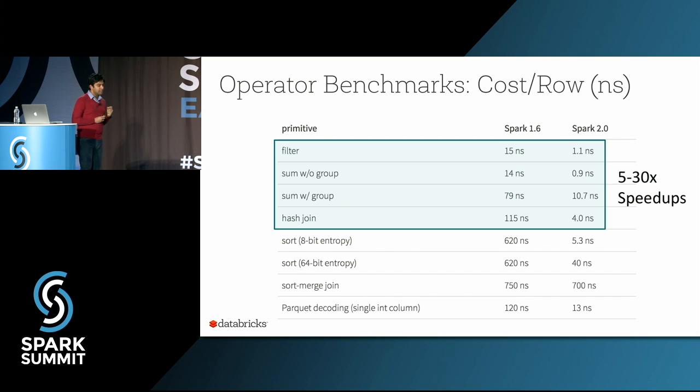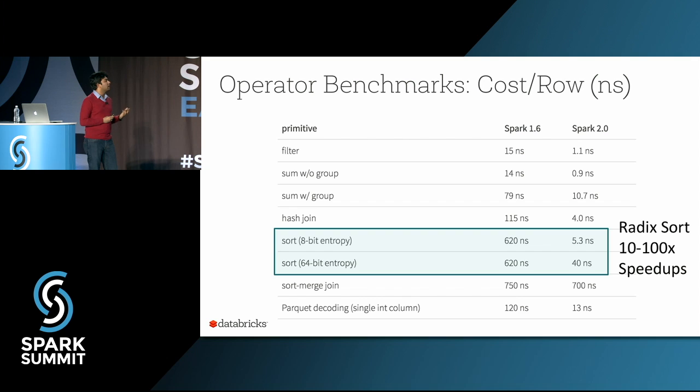What it compares is the cost of processing per row in SparkSQL, and the cost is in nanoseconds. It compares Spark 1.6, which did not have whole-stage code generation, to Spark 2.0, which did. As we see, for many of these filters, aggregates, and hash joins, we see around 5 to 30 times speedups in many of these cases.